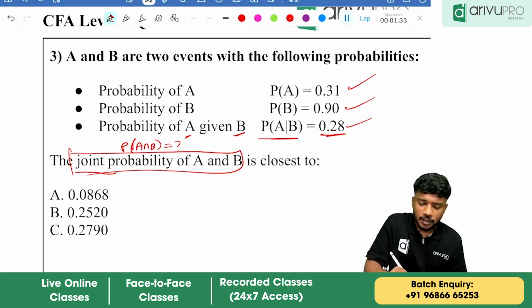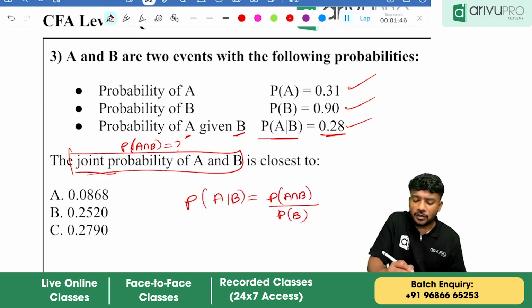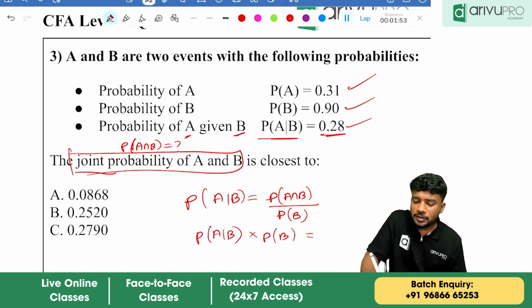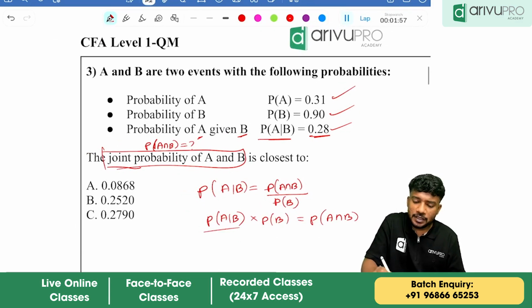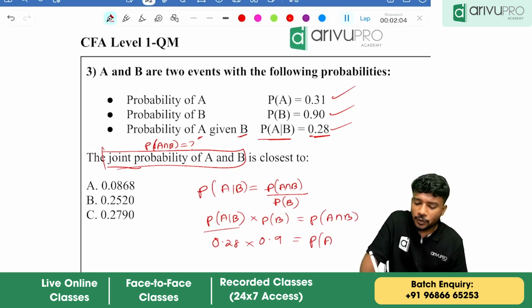Now, we know that P of A intersection B is nothing but, I will write the general formula we learn. P of A given B can be written as P of A intersection B divided by P of B, cross multiply. So P of A given B into P of B is equal to P of A intersection B. Now P of A given B is 0.28 into P of B is 0.9, which is equal to our required answer.